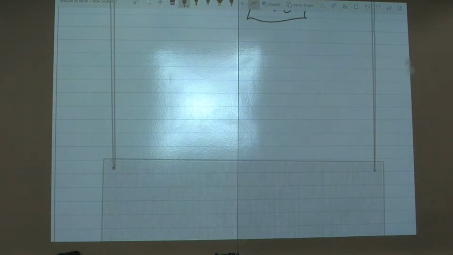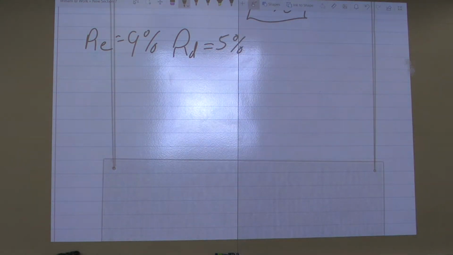And so we are given our cost of equity. So R sub E equals 9%, R sub D equals 5%, R sub P, which is our preferred stock, equals 5%, and our tax rate equals 20%.